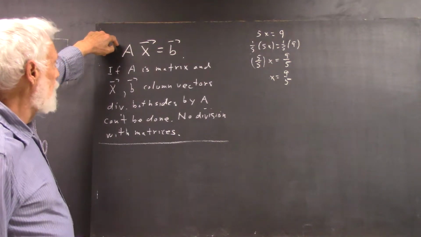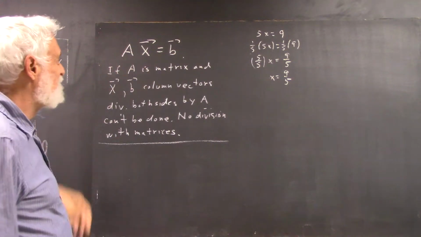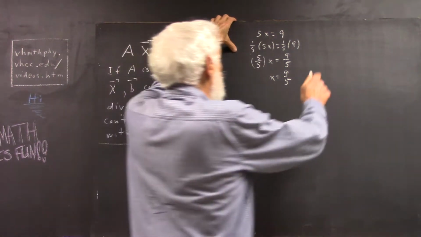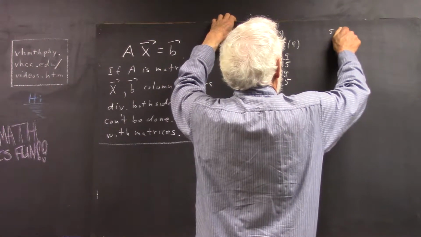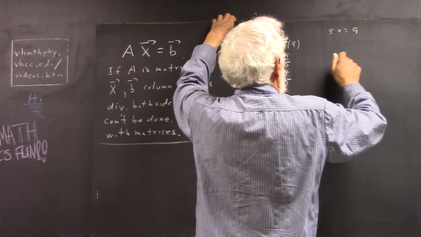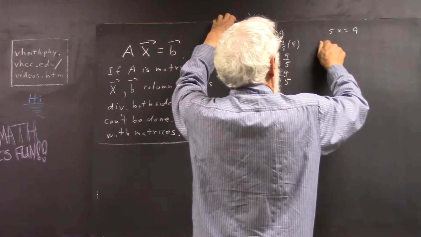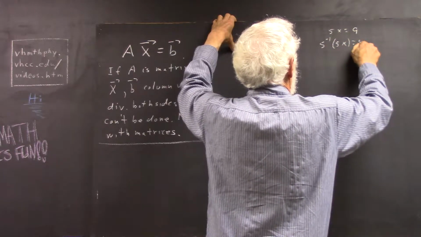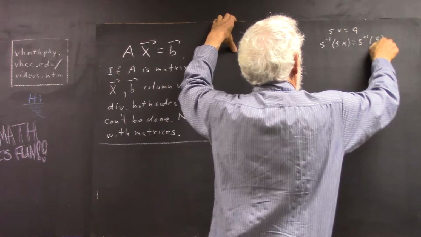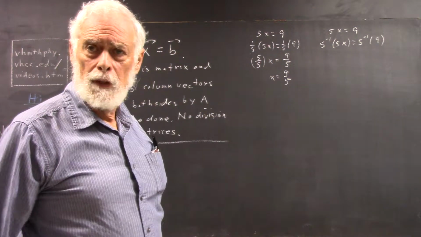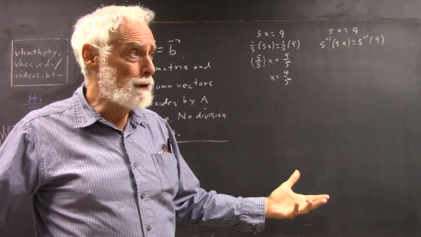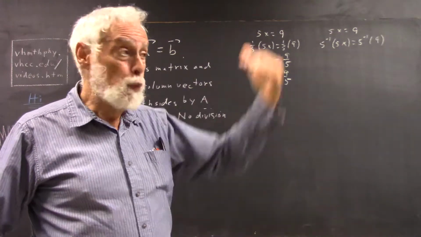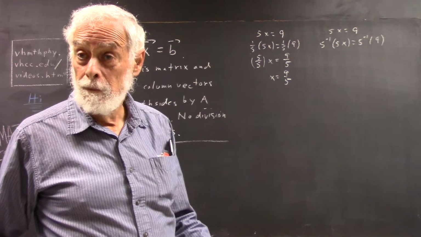Okay, so we've got AX equal B. Well, another way to write what I did here. Okay, if I got 5x equals 9, well, what's 5 to the negative 1? Okay, what do I mean by 5 to the negative 1? 1/5. Yeah, your laws of exponents, it means 1 over 5 to the 1, right?